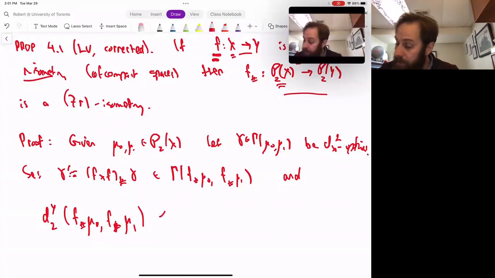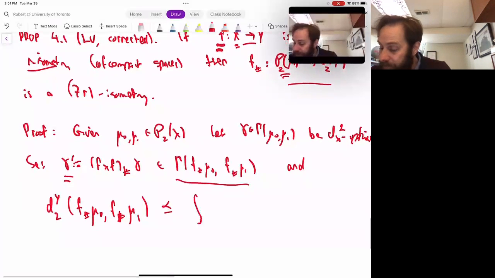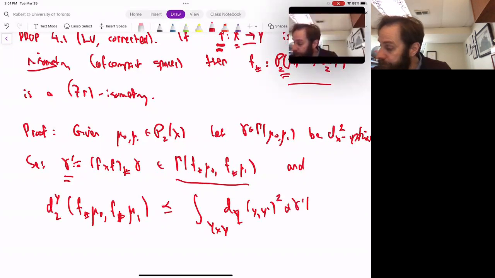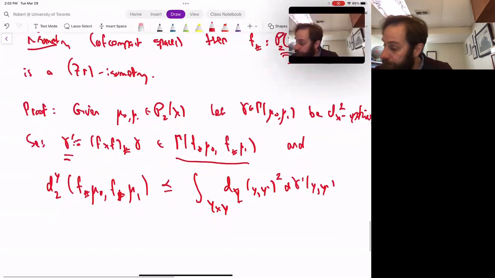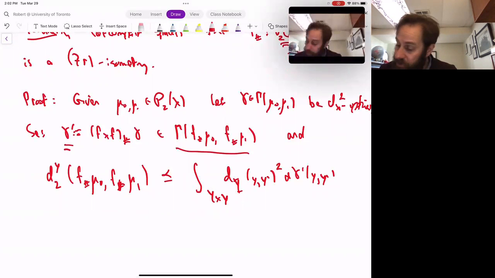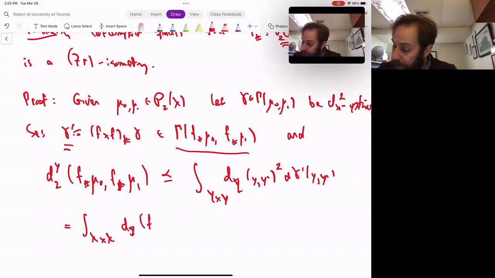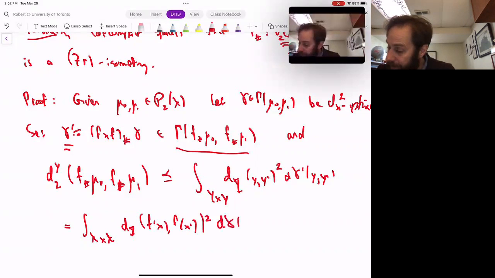Of course, it's going to be less than, because this has the right marginals, the integral in Y cross Y of d_Y(y, y prime) squared against d gamma prime. And since gamma prime is a push forward measure, that's the integral in X cross X of d_Y(F(x), F(x prime)) squared d gamma(x, x prime).